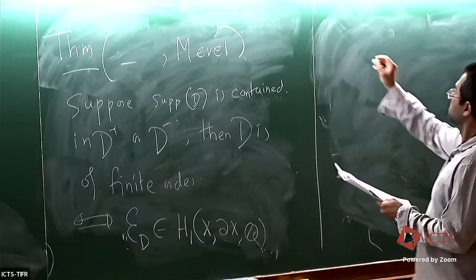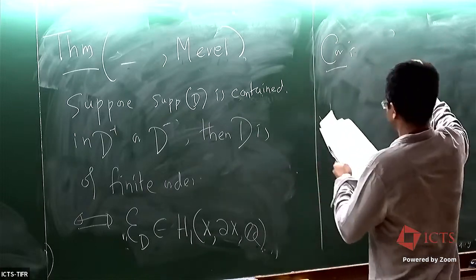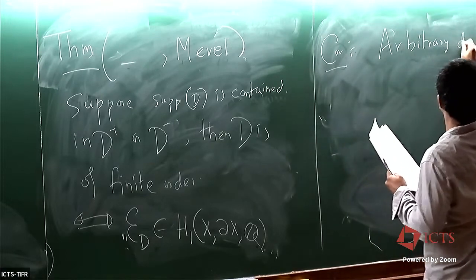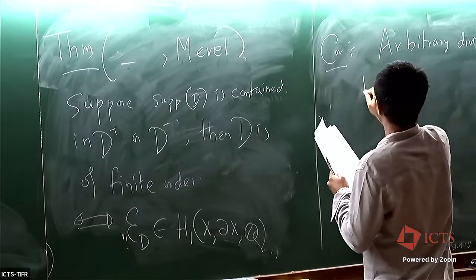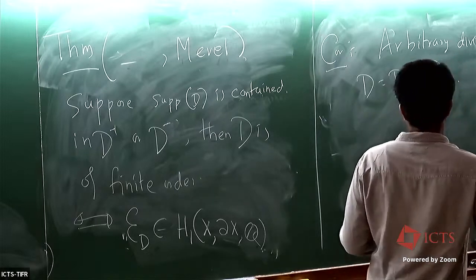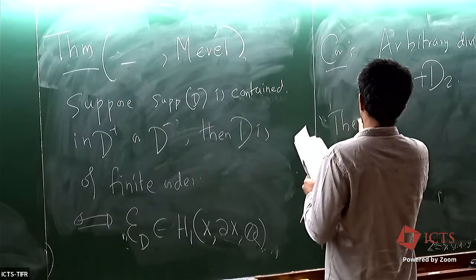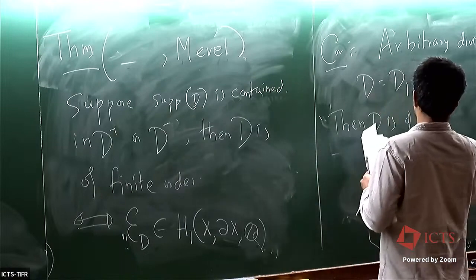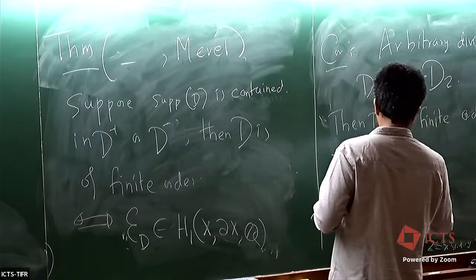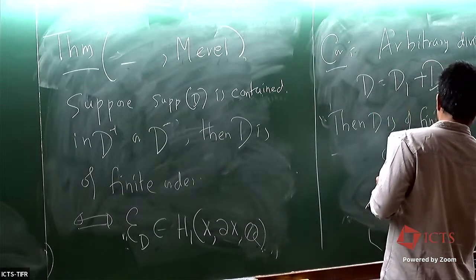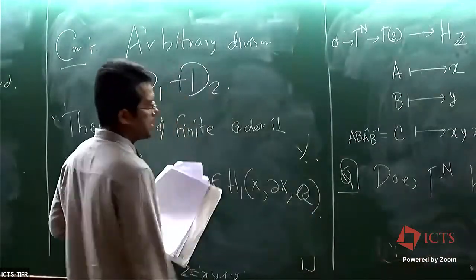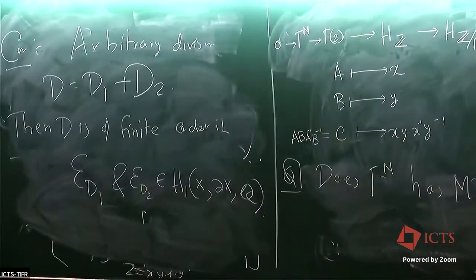Okay, corollary. An arbitrary divisor D, you can write it as D1 plus D2. Then D is of finite order if D1 and D2 are each of finite order.